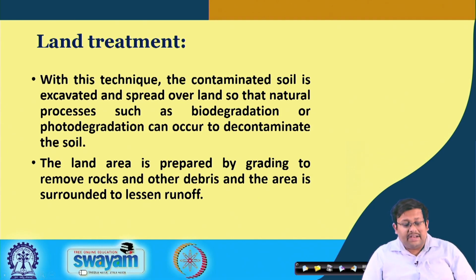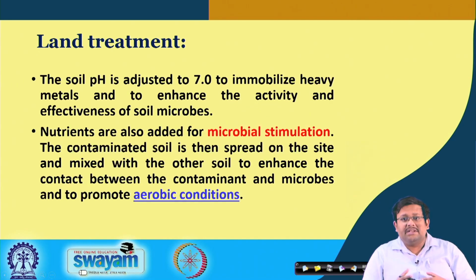Let us move ahead and see what the other aspects of land treatment are. Now, the soil pH in case of land treatment is adjusted to 7 to immobilize heavy metals and to enhance the activity and effectiveness of the soil microbes. You know that the soil contains millions and millions of different types of microorganisms, starting from bacteria, then protozoa, nematodes, fungi, algae, and different types of other macrofauna.